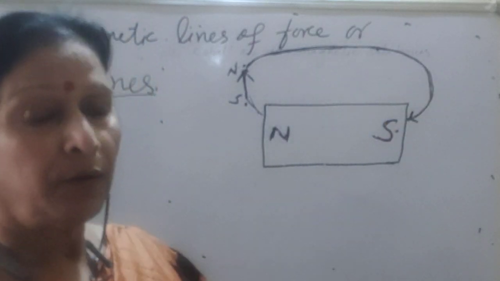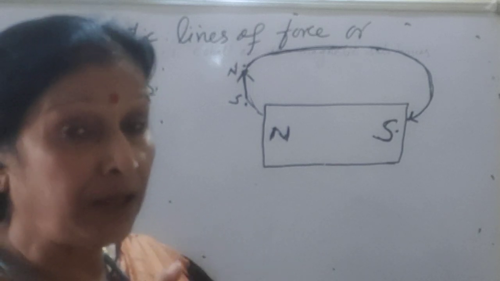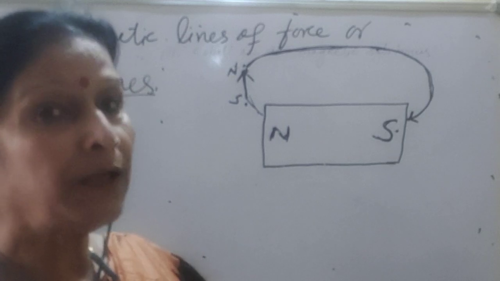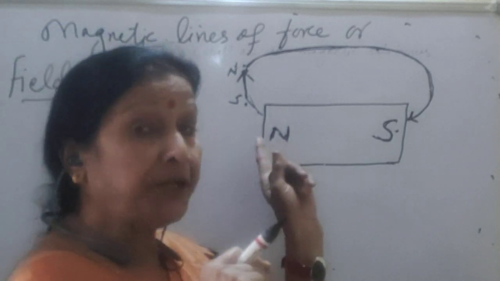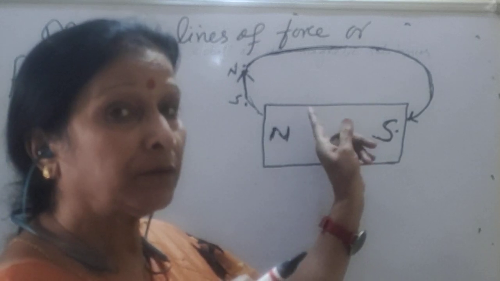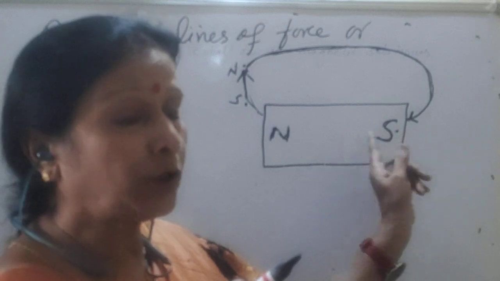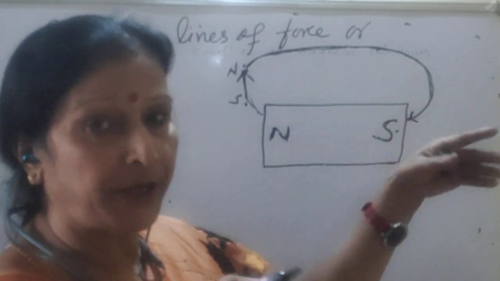So what is that curved path? The line along which the magnetic force of this magnet acts on the north pole of the magnetic needle. The north pole of the magnetic needle is free to move.